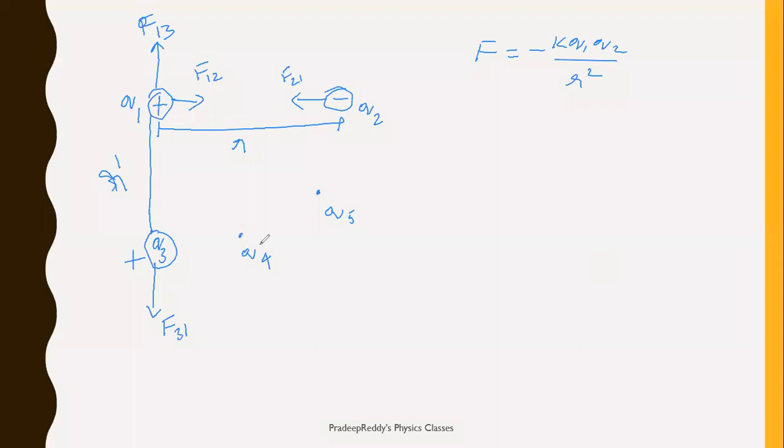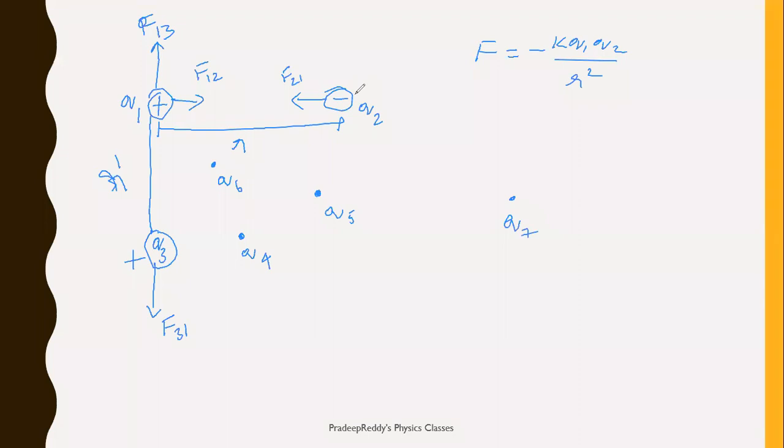There will be interaction on Q4, and there is interaction on Q5. I can place one more charge over here, say Q6. There will be interaction between Q1 and Q6. I can take one more charge here, say Q7. There will be interaction between Q1 and Q7, which is placed at a certain distance from Q1.